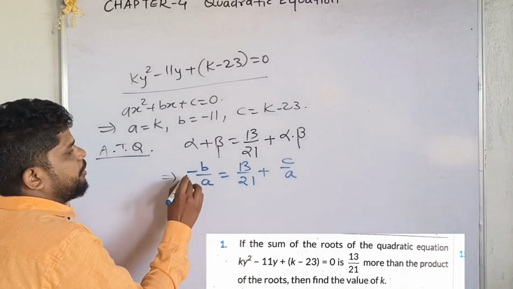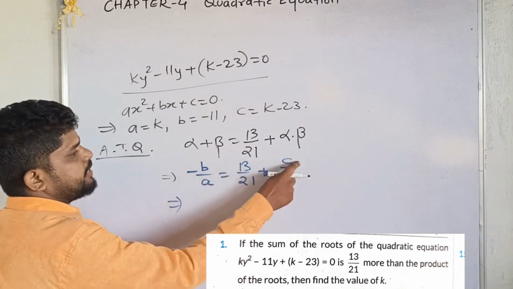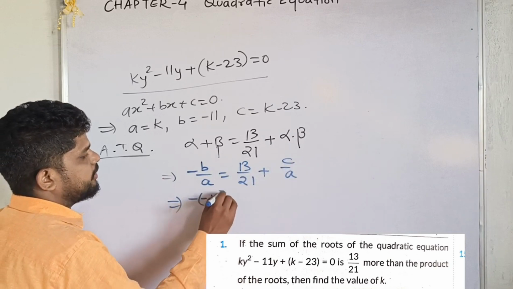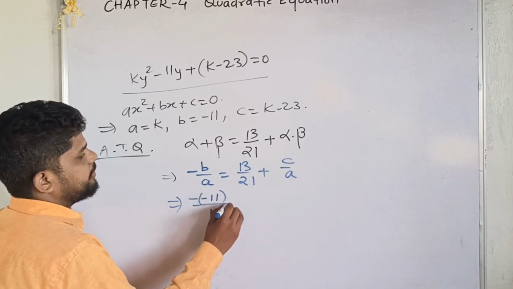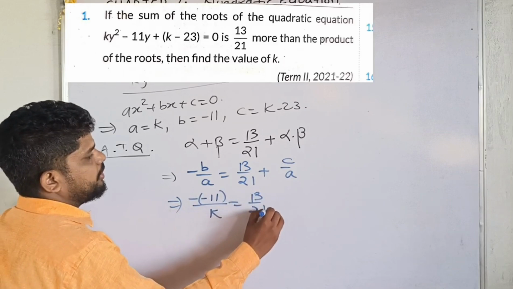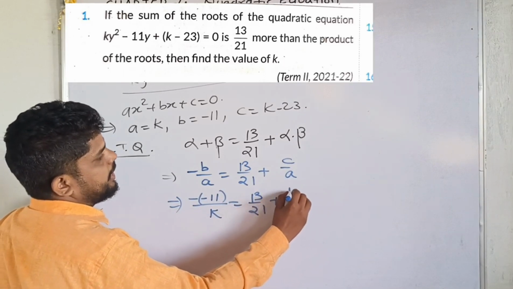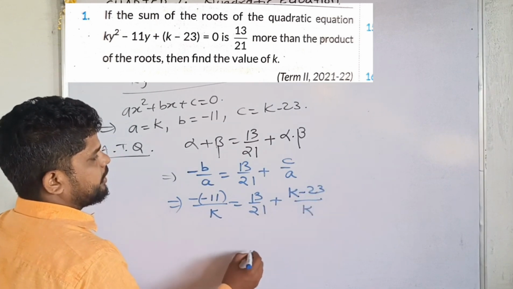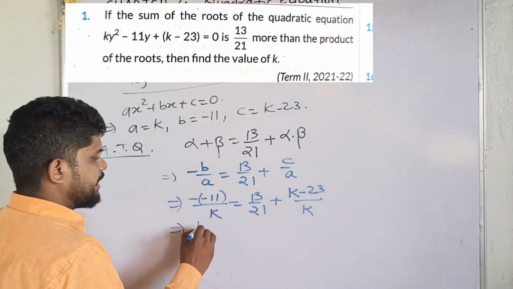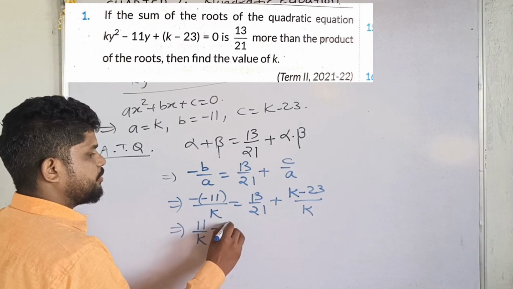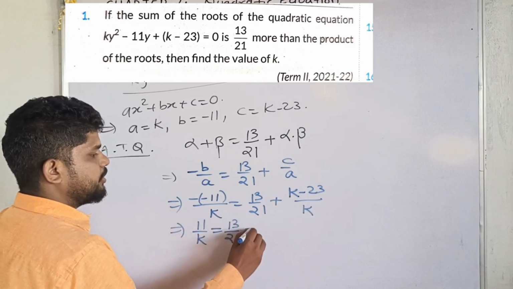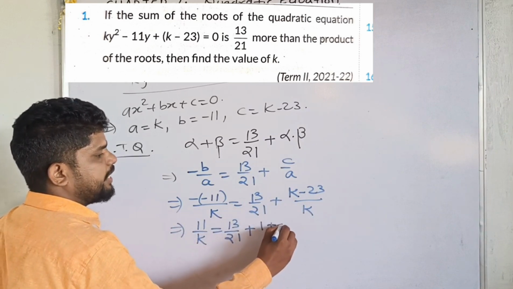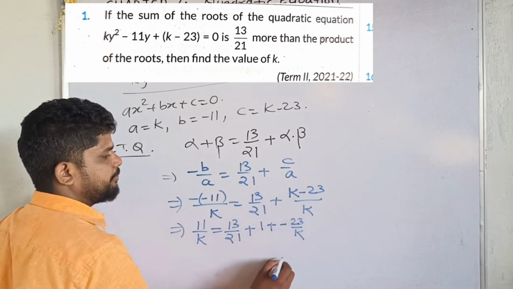So when you put the value of a, b, c in this expression, we will get minus b is 11 divided by k, equals 13 upon 21 plus k minus 23 divided by k. This will give 11 upon k is equals to 13 upon 21 plus, here k divided by k will be 1, and minus of 23 divided by k.